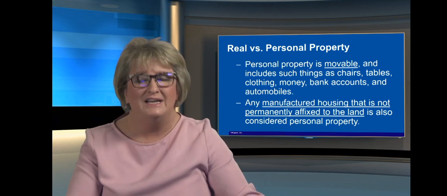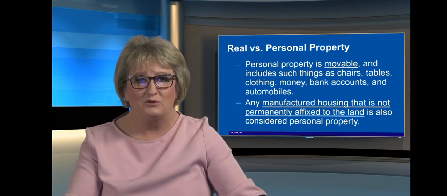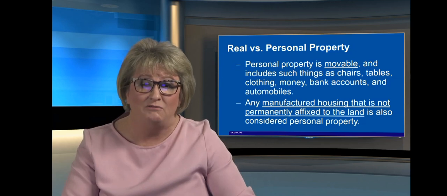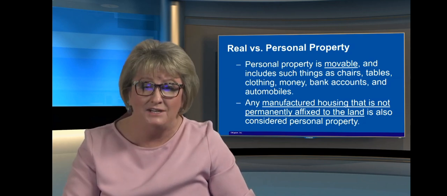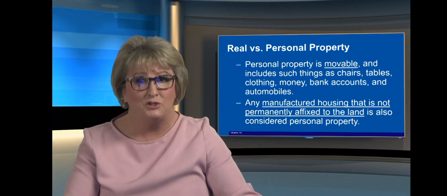Any manufactured housing that is not permanently affixed to the land is also considered personal property. Now, that's very important. Manufactured housing not permanently affixed to the land is sold and taxed as personal property.